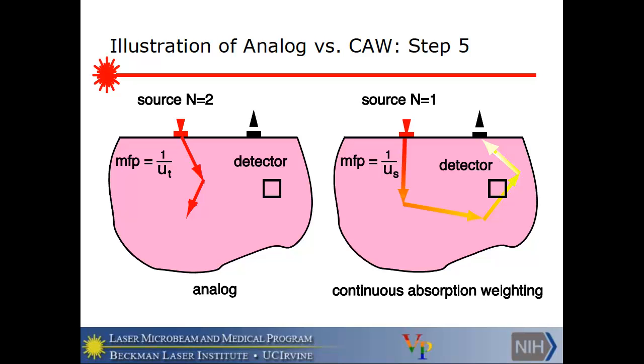What you do is cut the weight by a discrete factor, mu s over mu t, and that's scattered, and mu a over mu t gets absorbed at each discrete event. The competition between those two is described in detail in this paper, and if you're interested in such things, you may want to look that up.